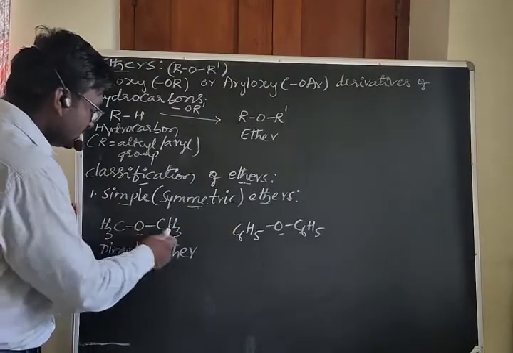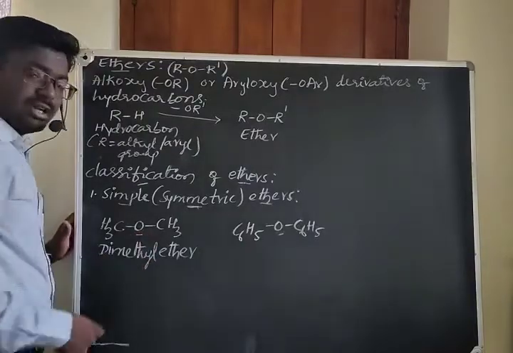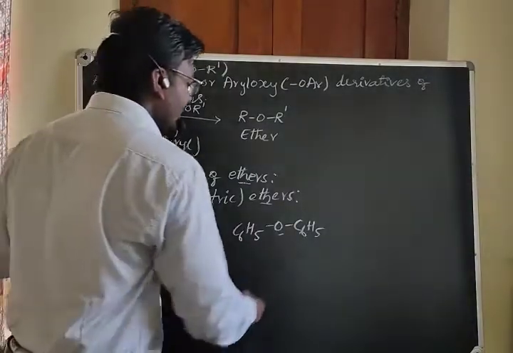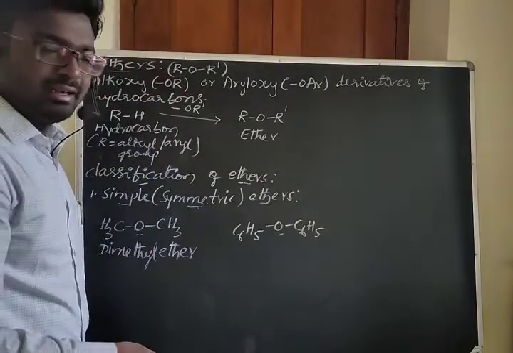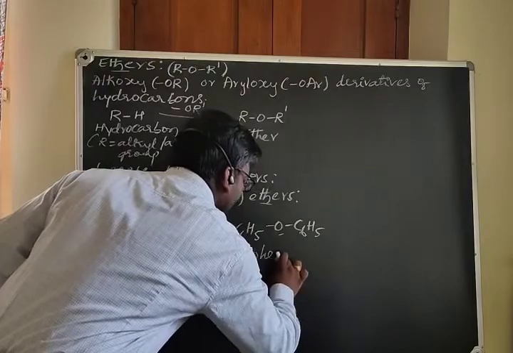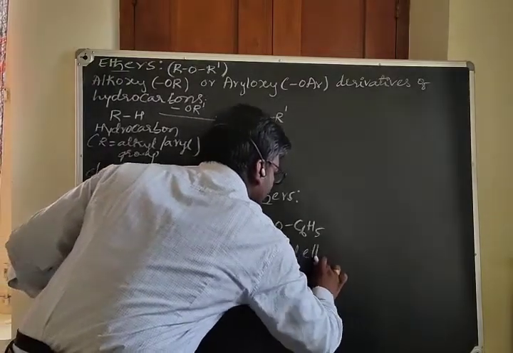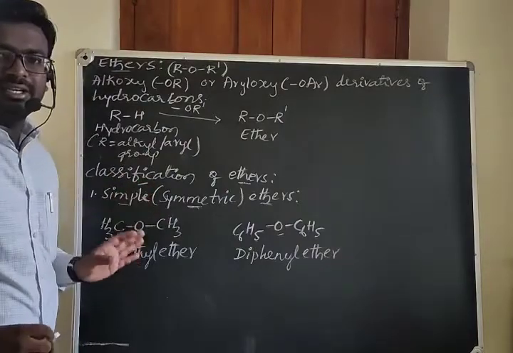These two are methyl, therefore dimethyl ether is the common name. Now what is the name of this compound? This C6H5 is called a phenyl ring, so it is diphenyl ether. These are examples for simple or symmetric ethers.